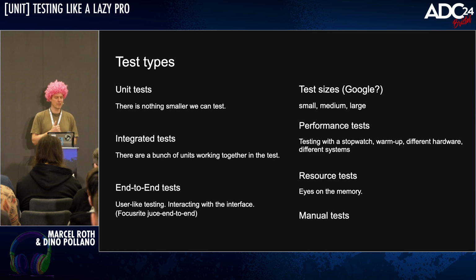You will want to have some sort of stopwatch, you will be wanting to do warm-ups when you run through the tests, and you need to consider on different hardware and on different operating systems, you'll have different outcomes. So it's much harder to set criteria.